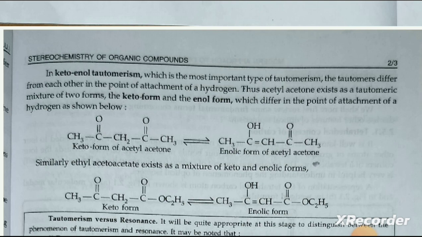Similarly, ethyl acetoacetate exists as a mixture of keto and enolic forms. CH3 single bond C double bond O single bond CH2 single bond C double bond O single bond OC2H5. This is the keto form. Equilibrium sign. CH3 single bond C single bond OH double bond CH single bond C double bond O single bond OC2H5 is the enolic form.